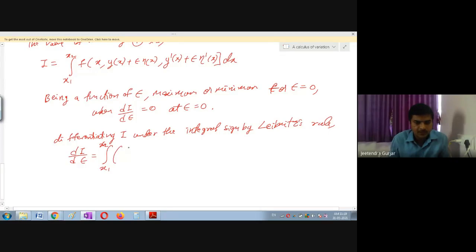So I will take this as dou f upon dou x, we are differentiating with respect to epsilon, right? So this is a function with respect to x, then we have y, and then we have y dash.